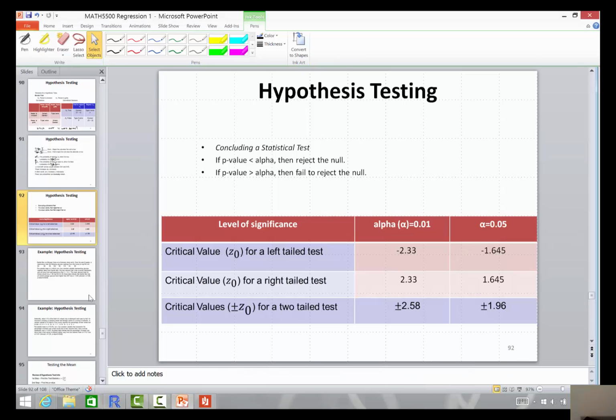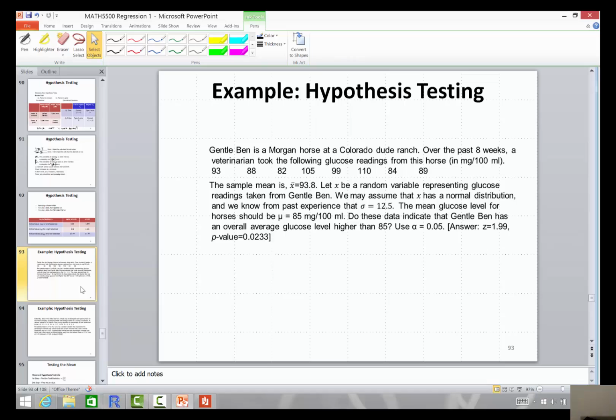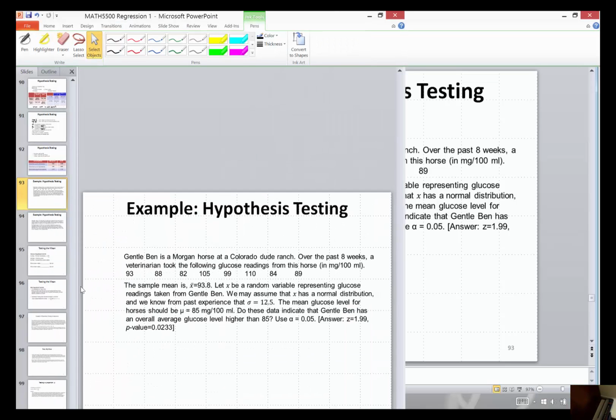All right, so we have time. I'll go ahead and do one example for you. So how to do the hypothesis testing, I want to tell you here. Remember, whenever you are doing hypothesis testing, you need to make sure that you check the requirement.